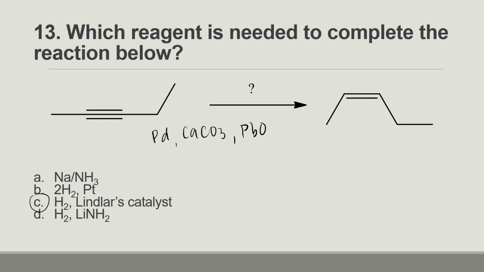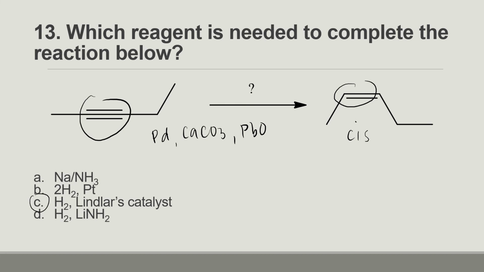So ang nangyayari kapag naglagay ka ng H2 at Lindlar's catalyst, nagkakaroon yung alkyne mo, magiging alkene, no? Ang tawag dyan ay catalytic hydrogenation. Pero kapag yung ginamit mo ay H2 at Lindlar's catalyst in particular, yung conformation ng alkene mo ay cis, which in this case is cis.